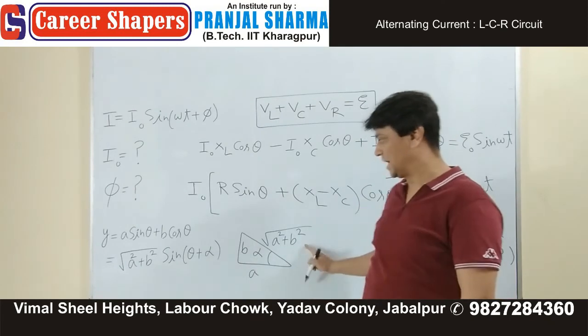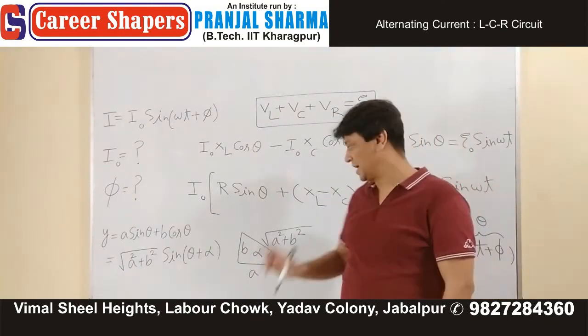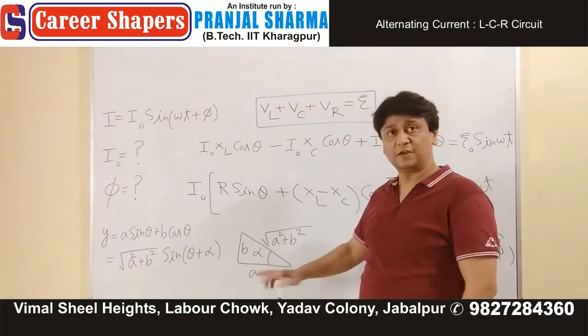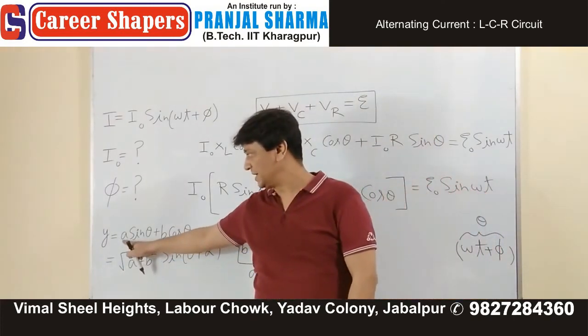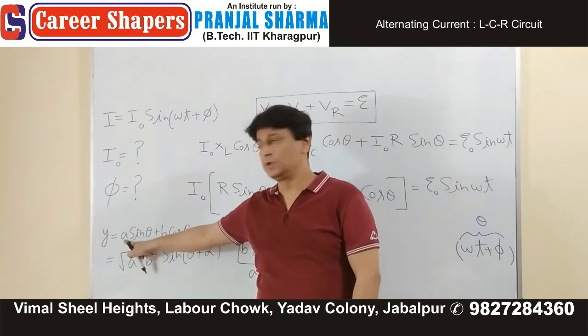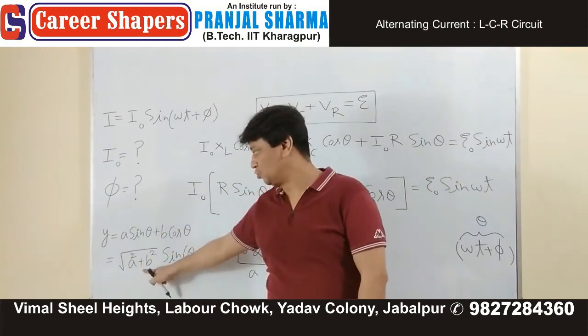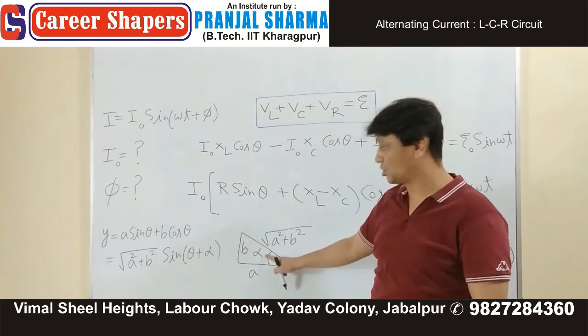What is cos alpha in this? If I divide this A with root A square plus B square, then I will get cos alpha.